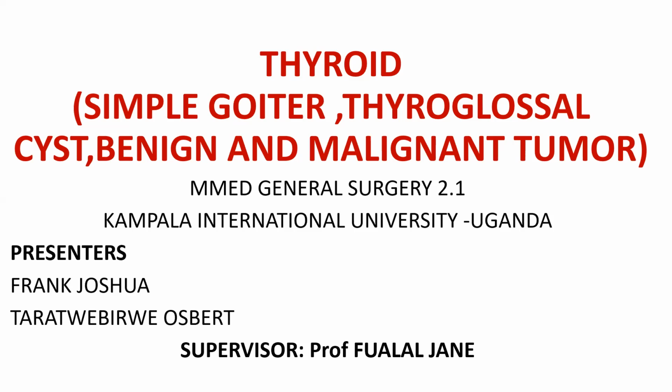You would rather give the patient a low dose of thyroxine for a period of 6 months. You repeat your ultrasound at 3 months, then at 6 months. In 60% of the cases, the thyroid gland will shrink and you may be able to stop the growth.